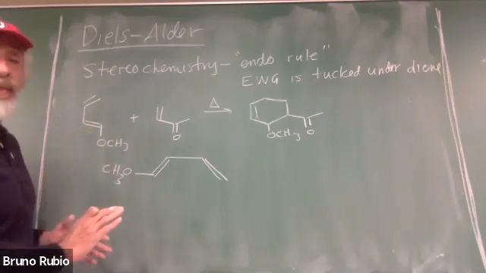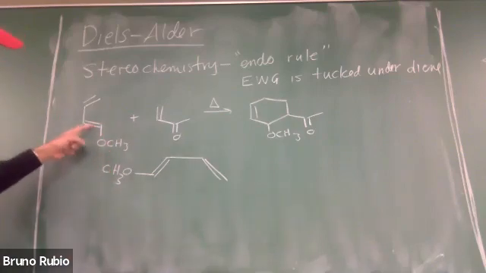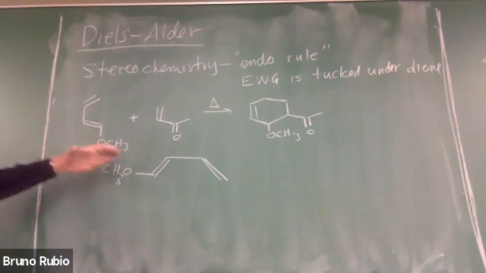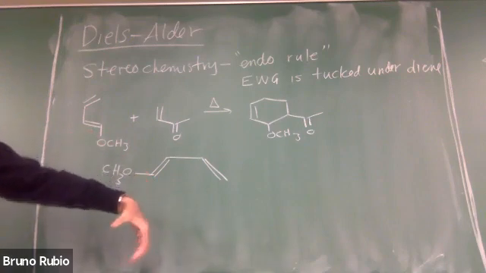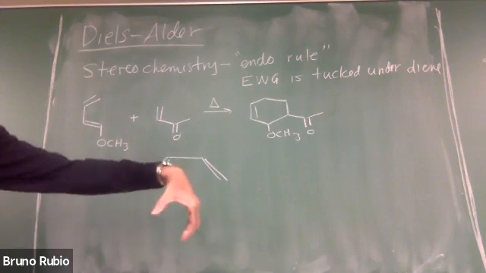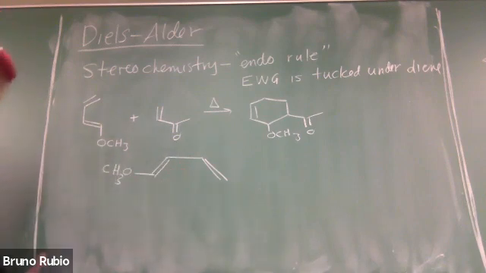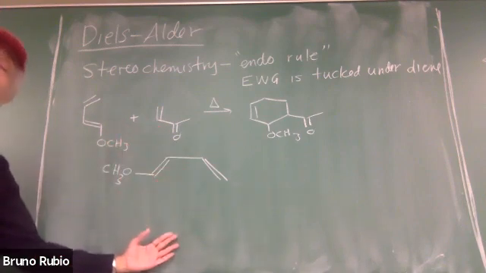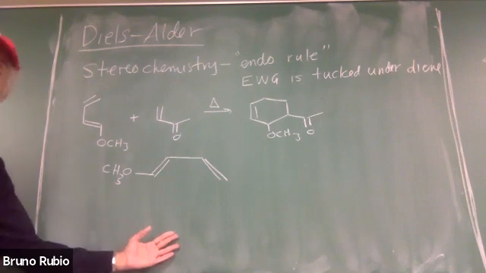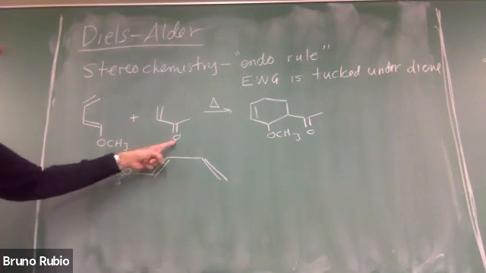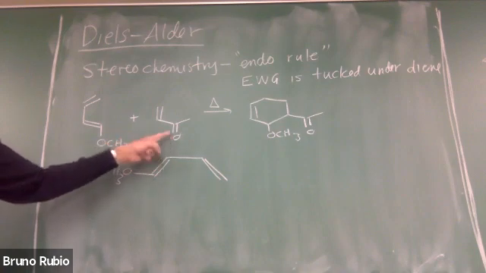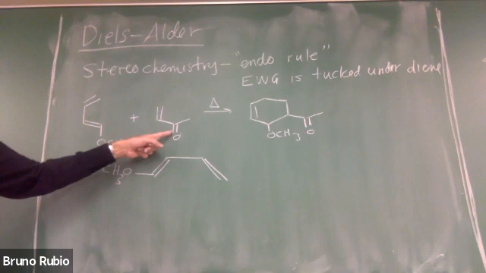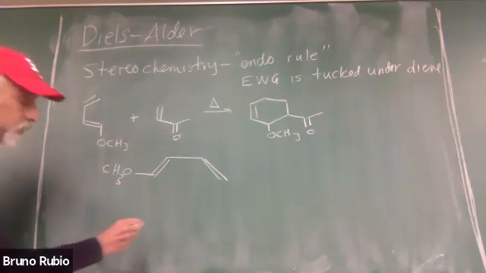This is the only way this reaction can work, if the double bonds of the diene form a C-looking thing like this, right? A C. Now I'm going to get the dienophile into the act, but I'm going to tuck the electron withdrawing group of the dienophile under the diene.